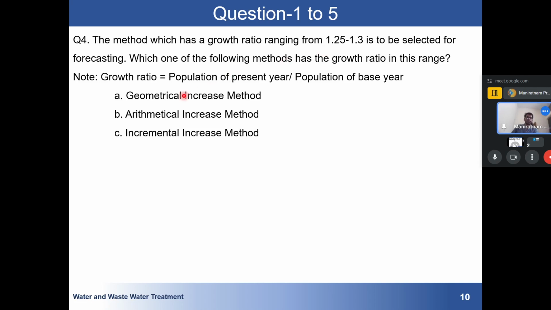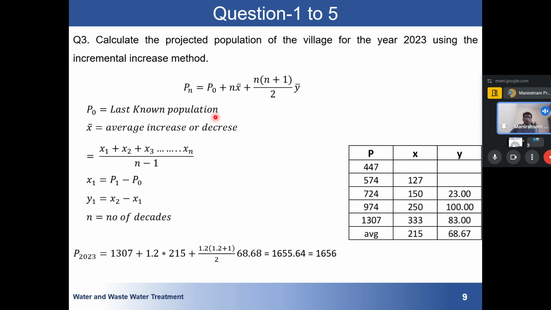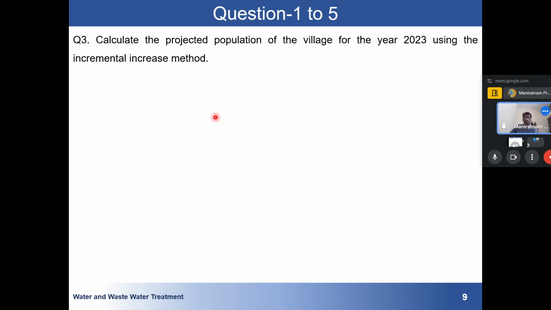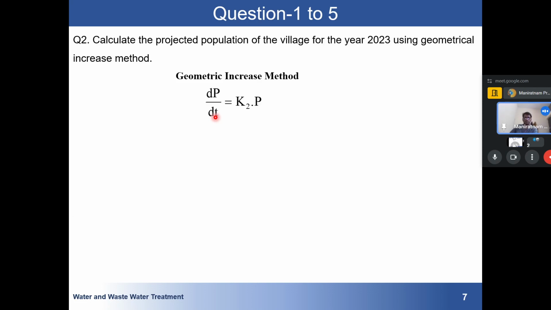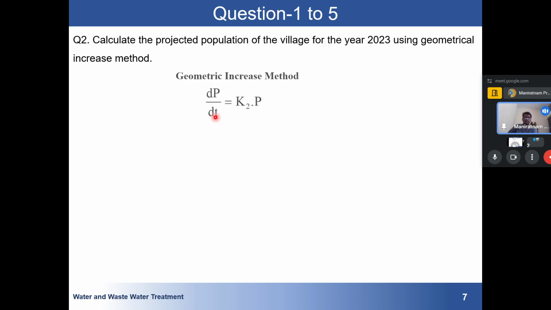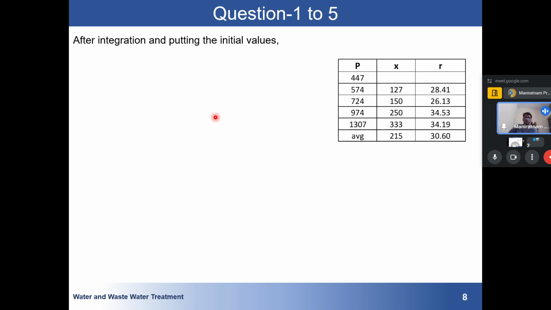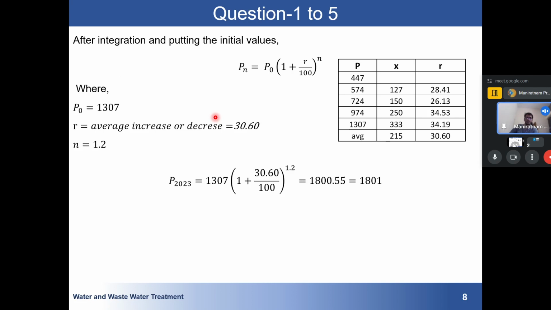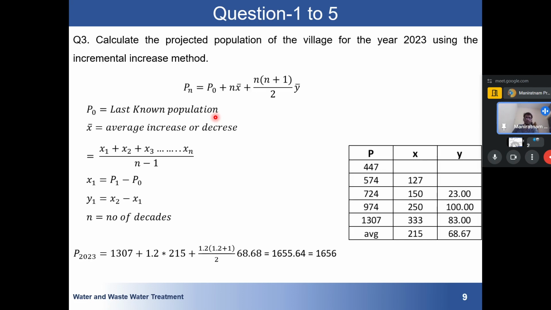Now you have three options of population: from the first method we got 1565, from the second method I got 1808, and from the third method we got 1656.